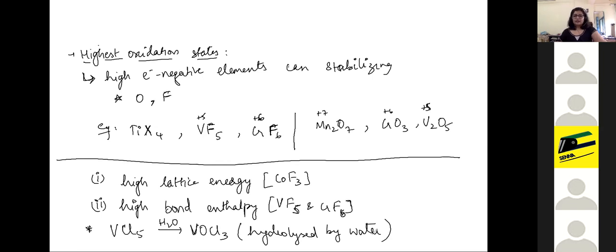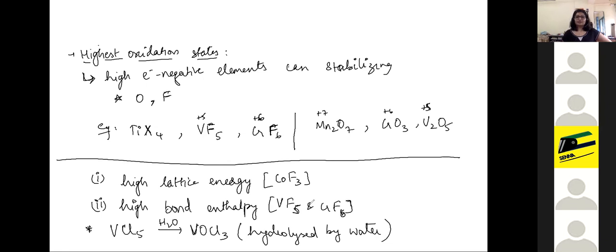But if we are preparing VCl5, why would we get water? Where do we get the water from? It may exist if you have really perfect conditions, but even your atmosphere is going to have some amount of water vapor.